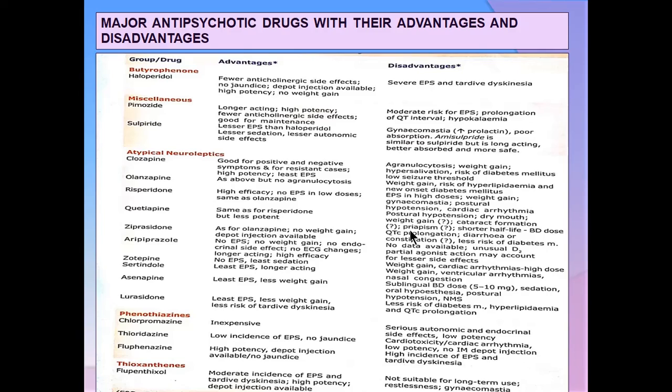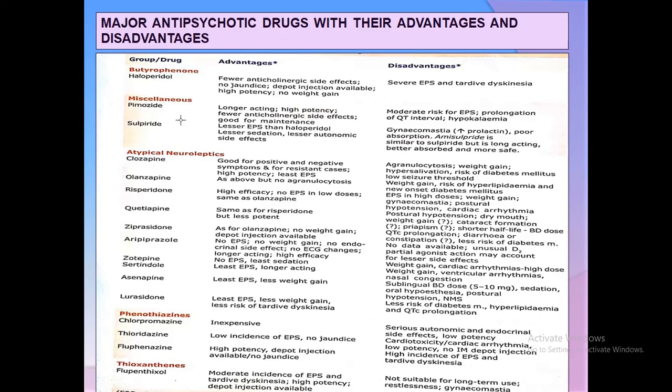Disadvantages are moderate risk for extrapyramidal syndrome, prolongation of QT interval, hypokalemia. These are especially of pimozide. Disadvantages of sulpiride are gynecomastia due to increased prolactin level, poor absorption. Amisulpiride is similar to sulpiride, but it is long acting, better absorbed and more safe.